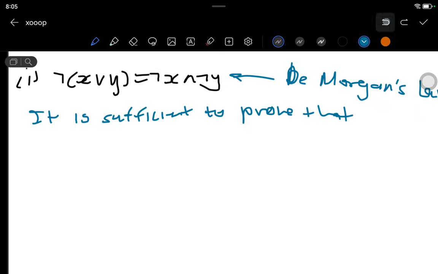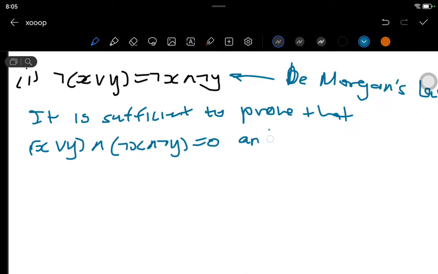You don't take this negation outside the brackets. It is sufficient for us to prove that X or Y and negation of X and negation of Y is equal to 0.